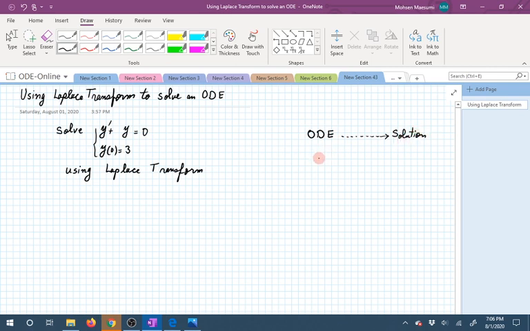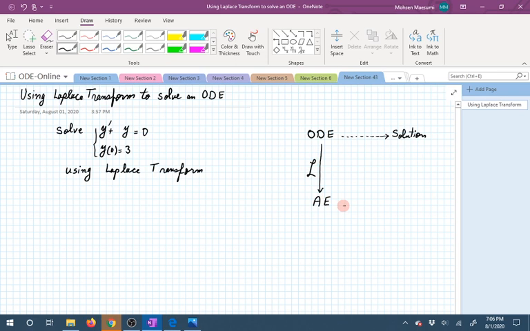Then we said for some of these differential equations there is an alternate approach, which is to take a Laplace transform of the equation itself. So we take the Laplace transform, out comes something that we are going to see is an algebraic equation. It's an algebraic equation just like the equations you had in high school.